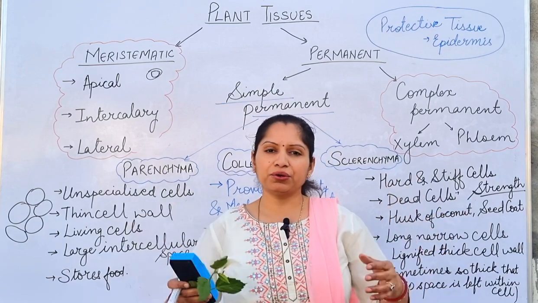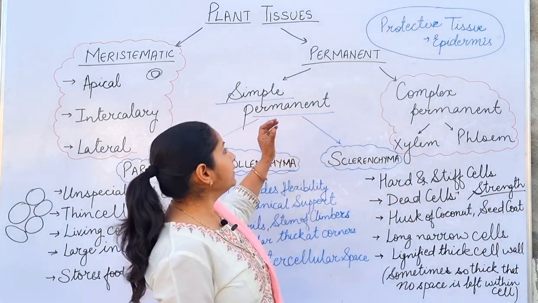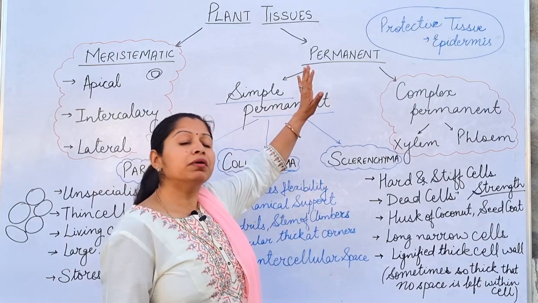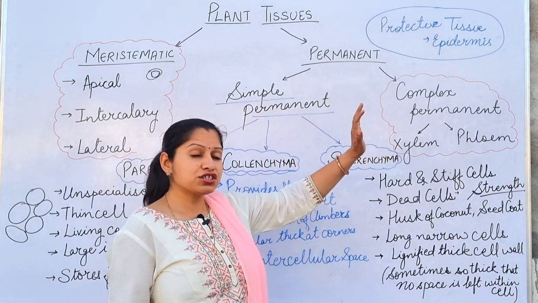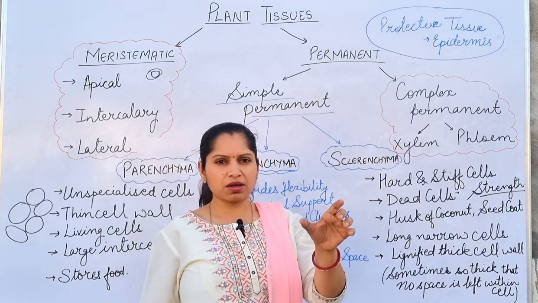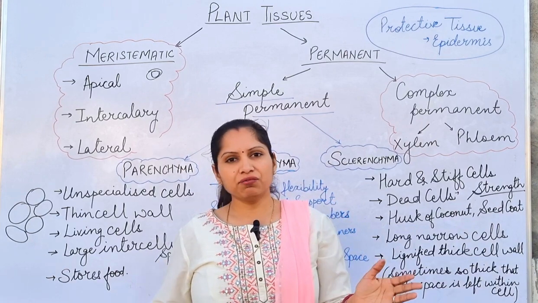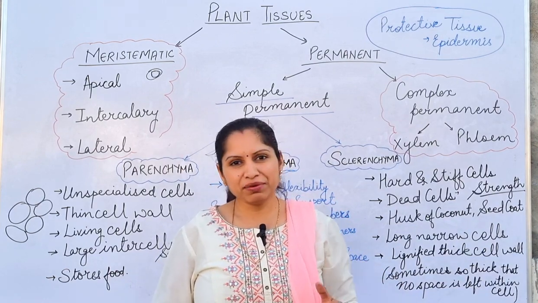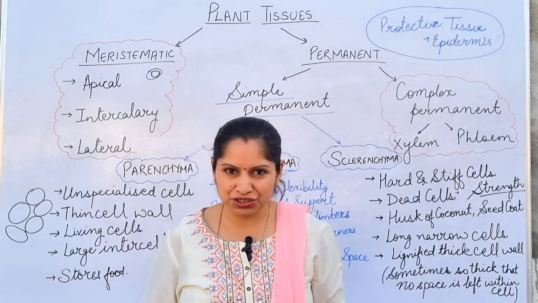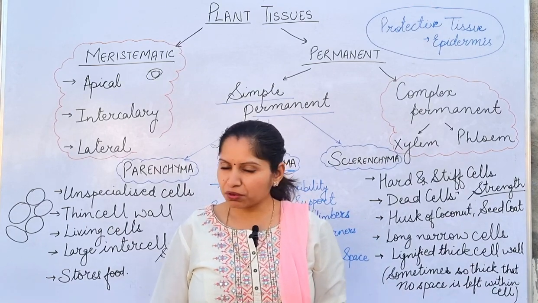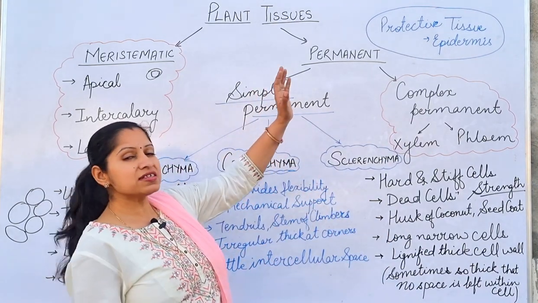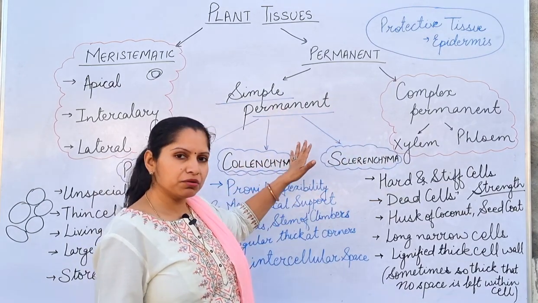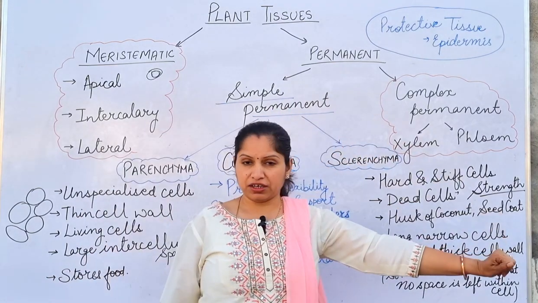So these meristematic tissues also are going to be different from each other. They will be developing into different tissues, and they will be forming the permanent tissues. This word differentiation comes from different. Now, what are the types of permanent tissues? The permanent tissues are classified as simple permanent tissues and complex permanent tissues.